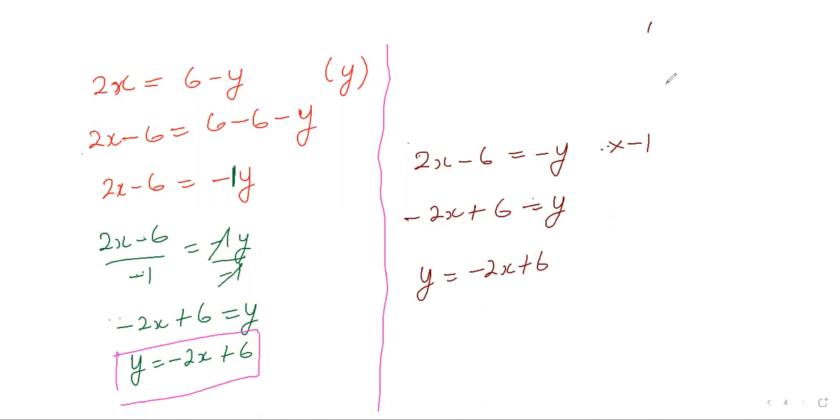Now, what is the short method we can work out this same thing? So we did the balancing method, right? What would have been the short method we could have done for the same thing? We have 2x equals 6 minus y.